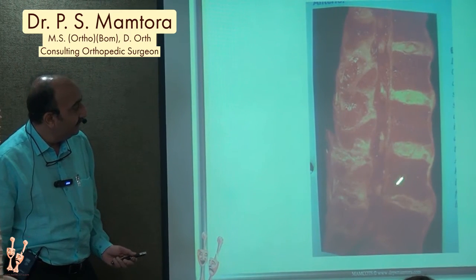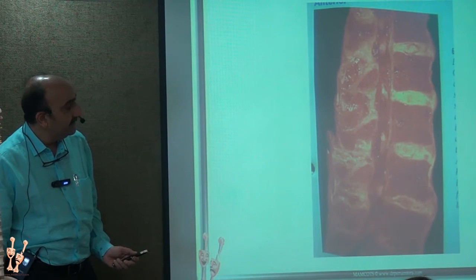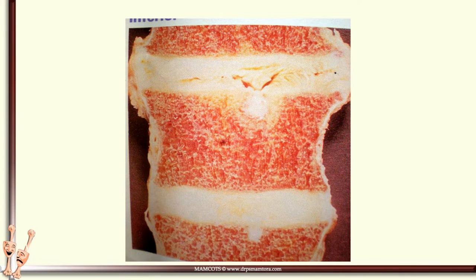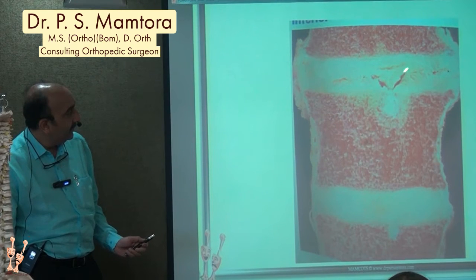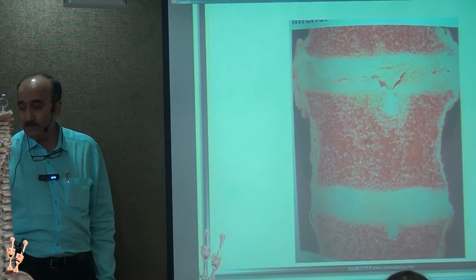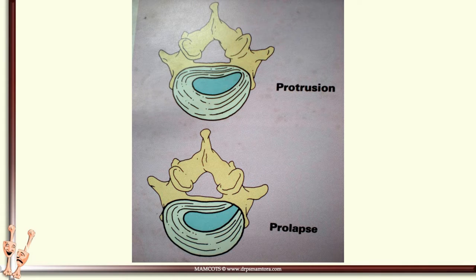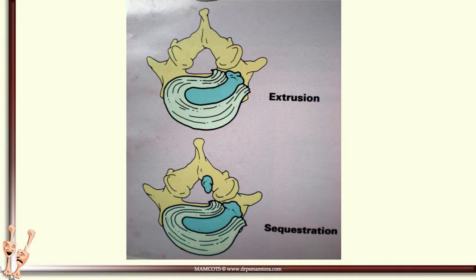Nice disc, fully degenerated, minimal degeneration. See, prolapse intraosseous with that nucleus traveling, that's a Schmorl's node. Same, जो बोला वो vertical cut था, ये axial cut है.